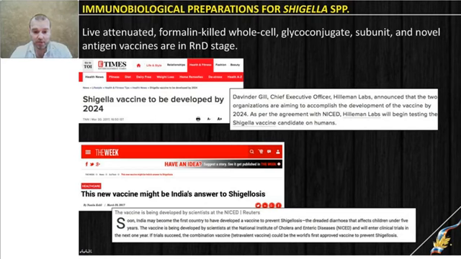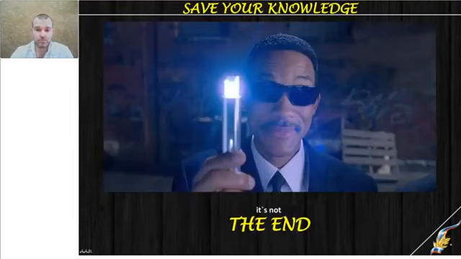And officially it was stated that India is going to design and license a good Shigella vaccine by 2024. Maybe it will be so, and if it is really so, then India will be the first country to design that vaccine, and maybe very soon we will have some new results according to that vaccine.